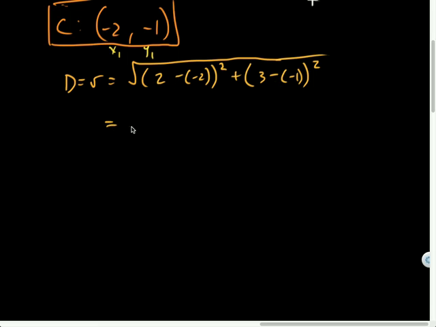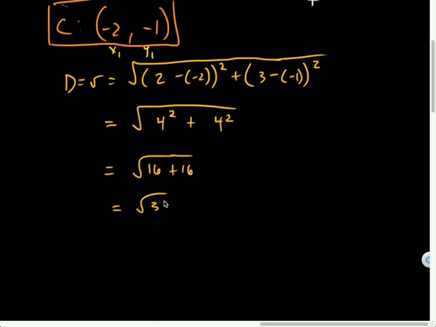So it equals the square root of 2 minus negative 2, which is positive 4 squared, plus 3 minus negative 1, which is positive 4 squared. Wow, interesting. So that's 16 plus 16, which is 32.